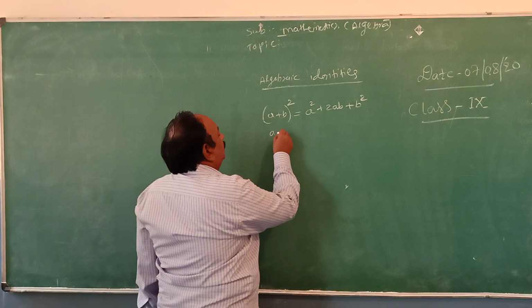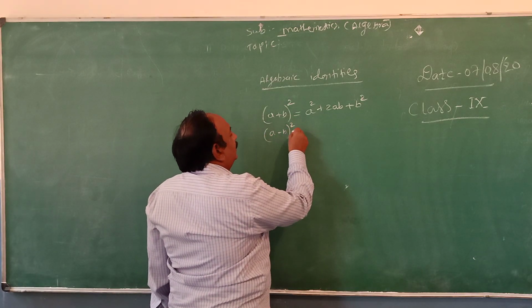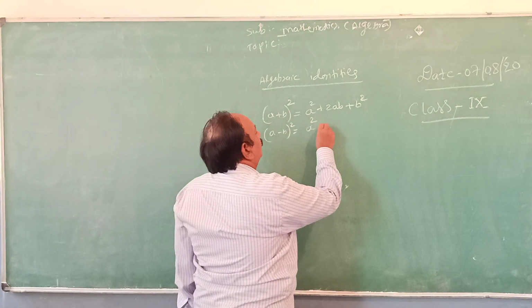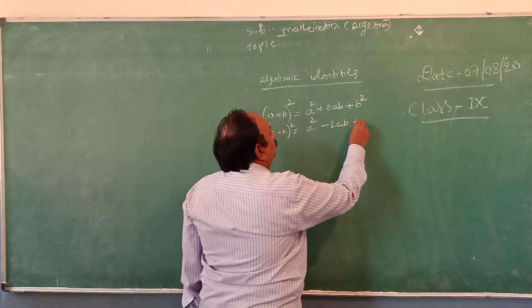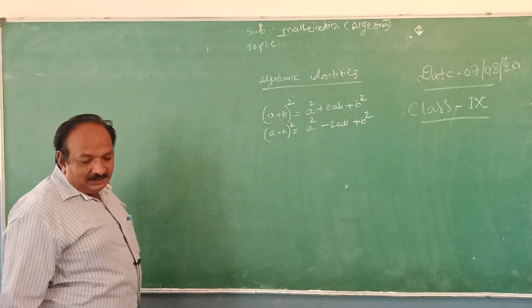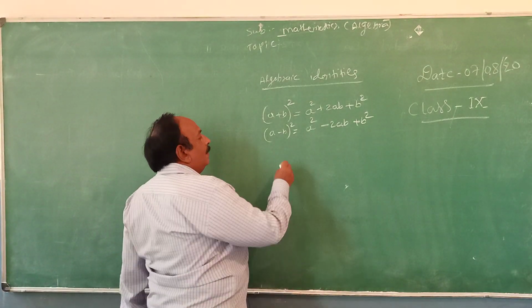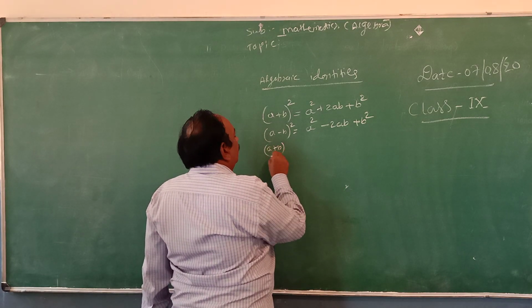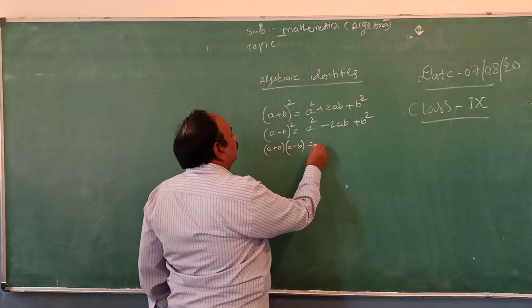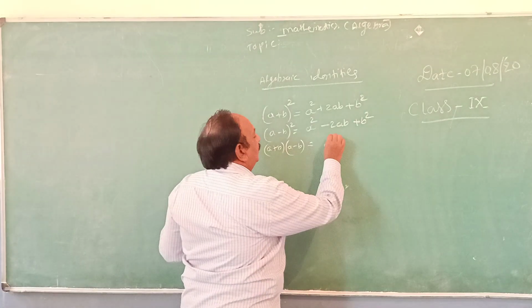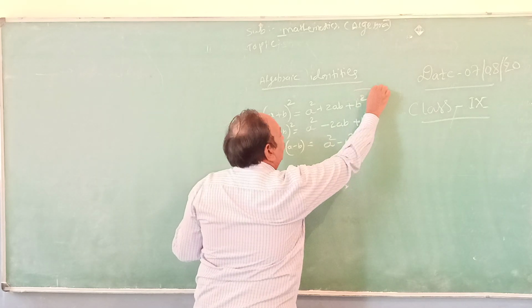And the expansion of a minus b whole square is a square minus 2ab plus b square. And the third one, a plus b into a minus b. The product of a plus b and a minus b is a square minus b square.